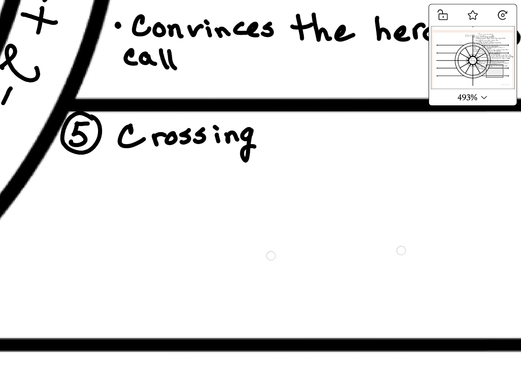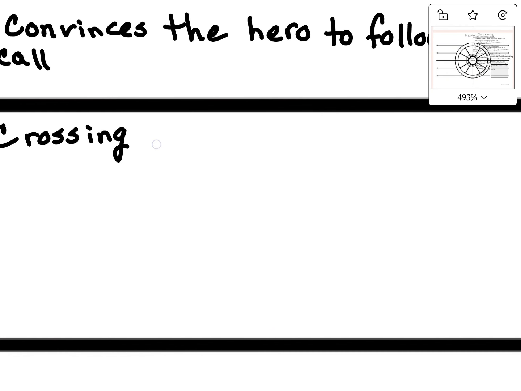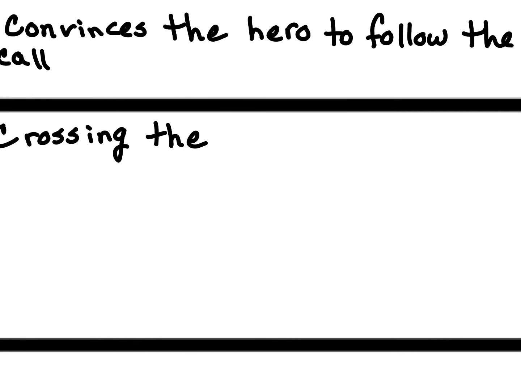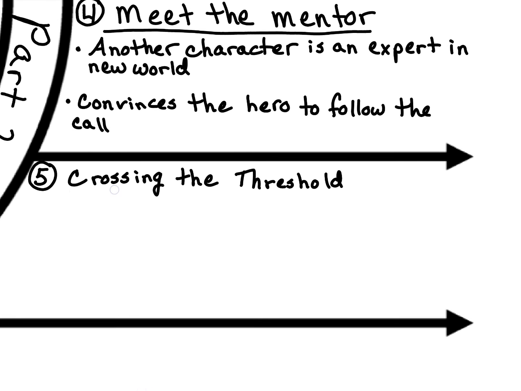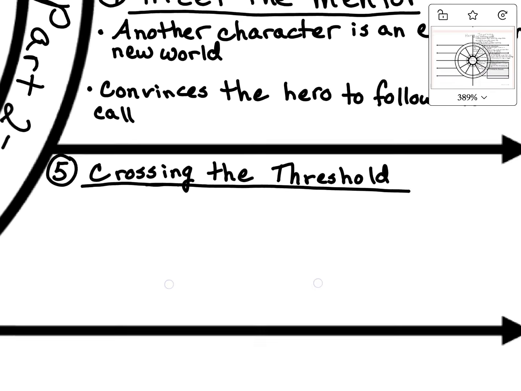Or it could be something a little bit more subtle, where Simba goes into the jungle. And yes, the jungle is still part of the same world, technically, as the Pride Lands, but it is very different to Simba himself. Harry Potter also has a crossing the threshold moment when Hagrid takes him literally through the brick wall into Diagon Alley.